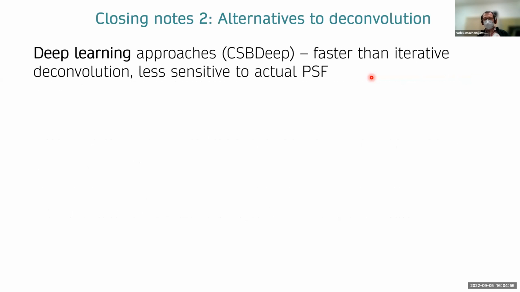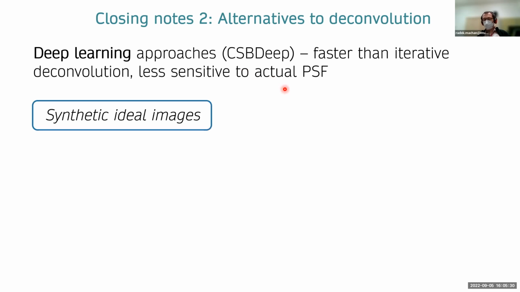And second, note that there are also alternatives to deconvolution. You may have noticed there's a Fiji package called CSDD, which uses deep learning or AI for image processing. In the paper they also showed how it can be used as an alternative to deconvolution, which is faster than iterative deconvolution.